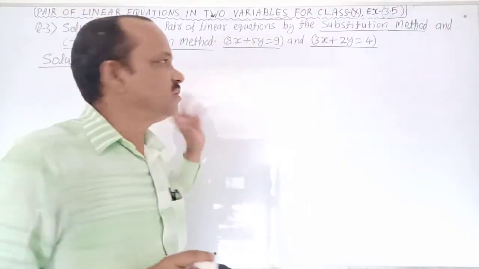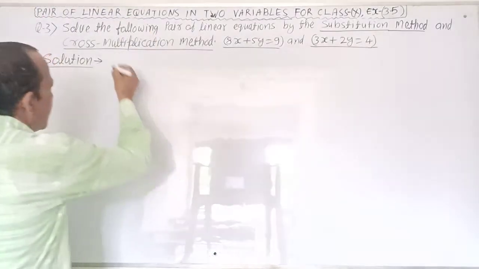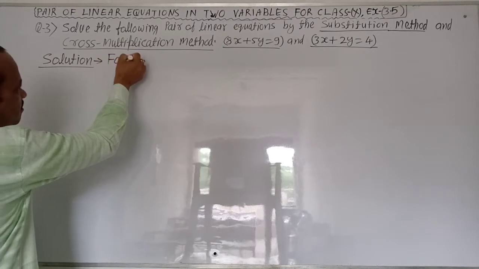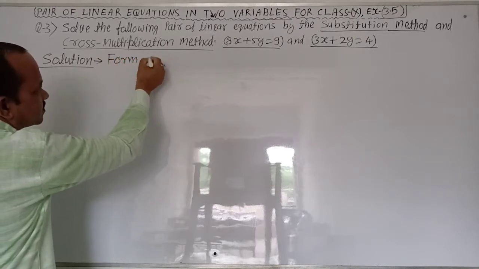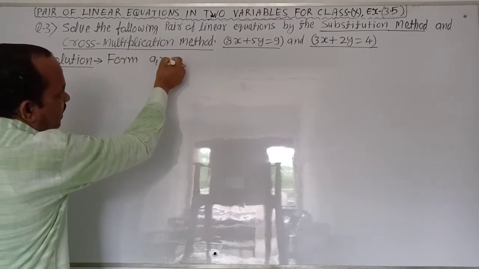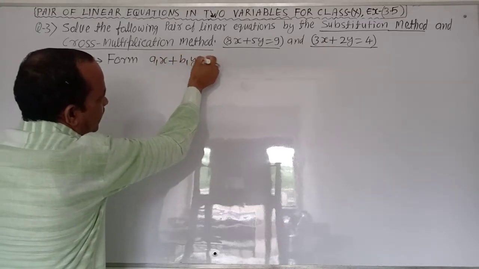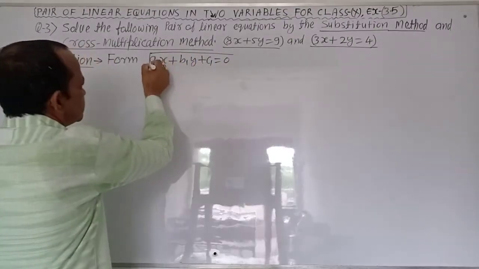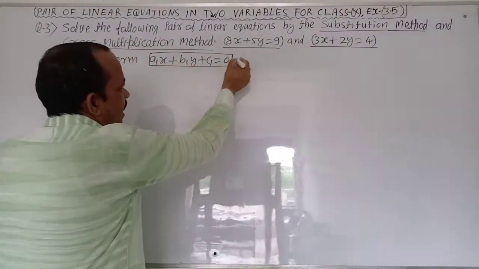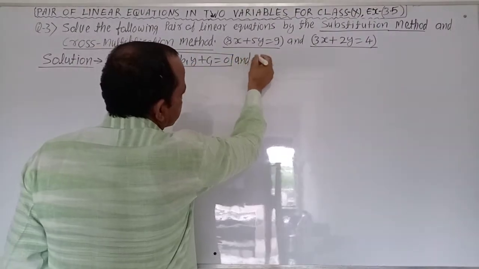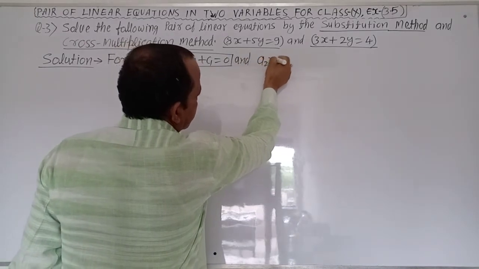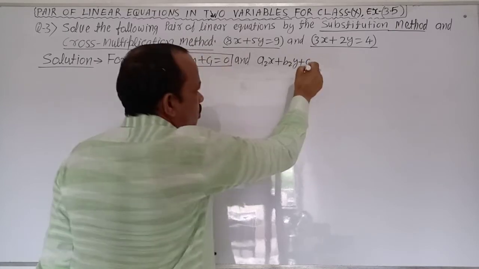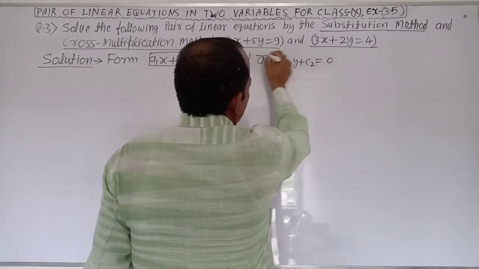Clear? See the form. a1x plus b1y plus c1 equal to 0 and a2x plus b2y plus c2 equal to 0.